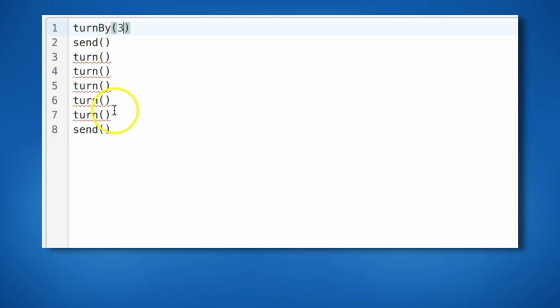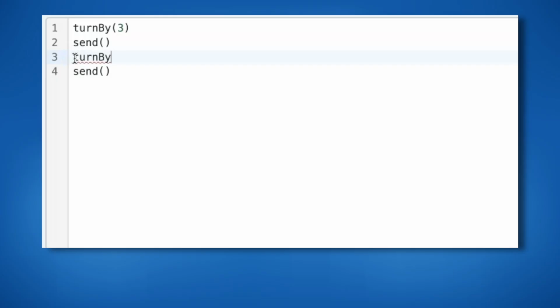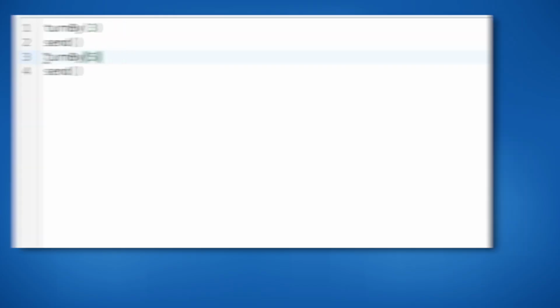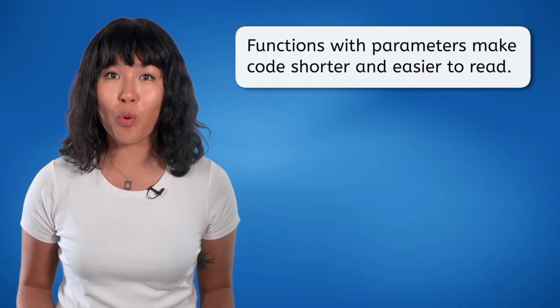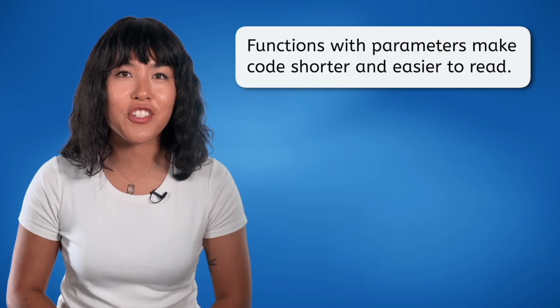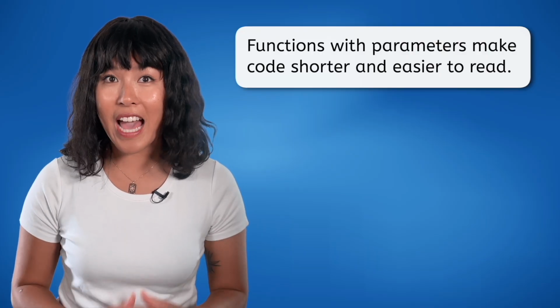We can do this in 2 places, just like this. Now our code is much more compact. Using functions in this way not only makes our code shorter, but it makes it much easier to read for other people who may want to take a look at your code.